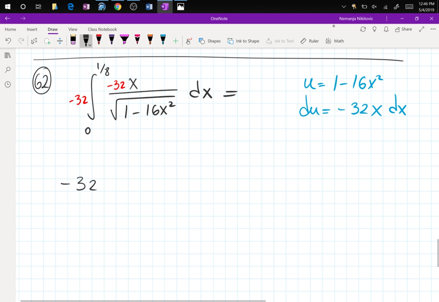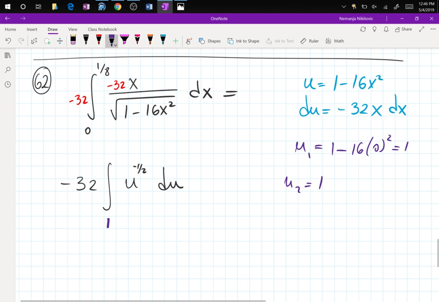So negative 32 integral, and now I have u to the negative 1/2. That's the denominator. du. And now I have to calculate these limits. So u1 is 1 minus 16 times 0 squared, which is 1.